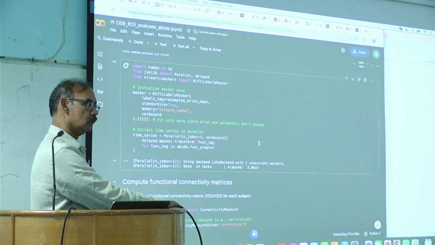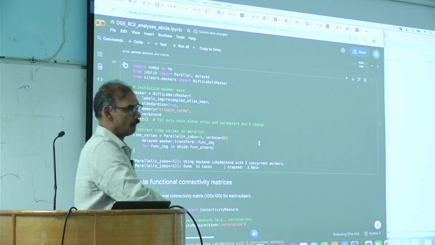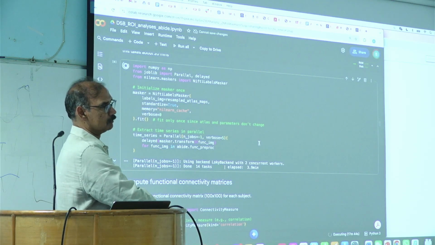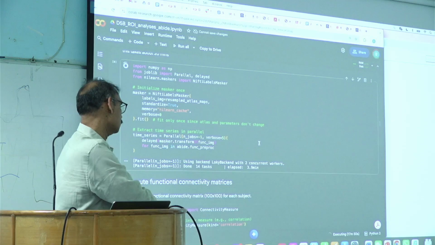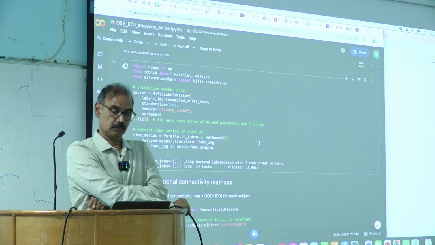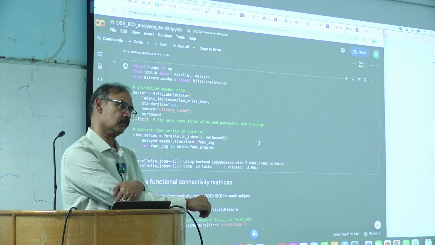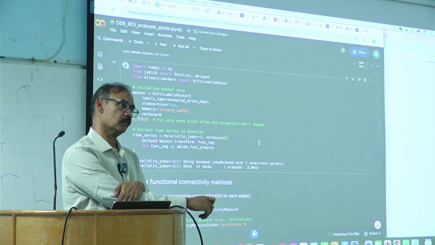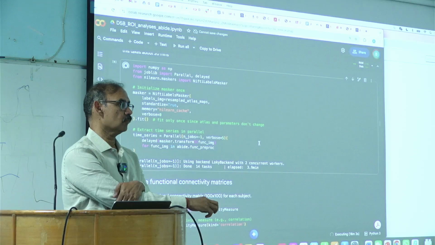So mild severity of autism compared with the moderate and the severe ones, along with the healthy controls, to see how much it is different. My specific interest is in the default mode network, how the default mode network is different across the levels of severity as well as the controls.